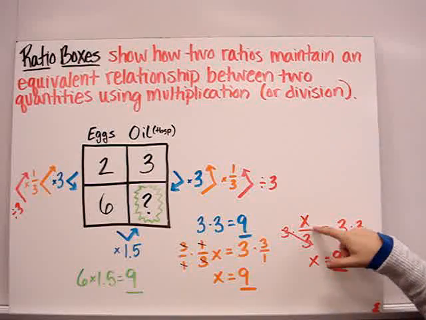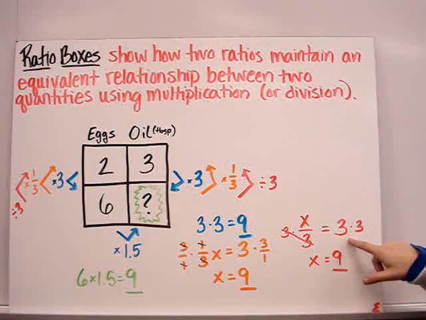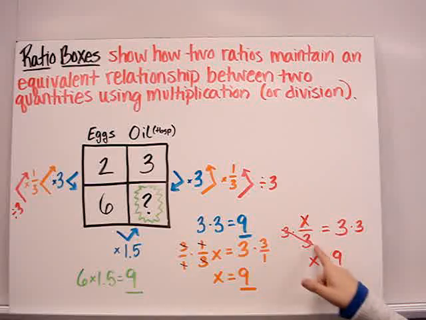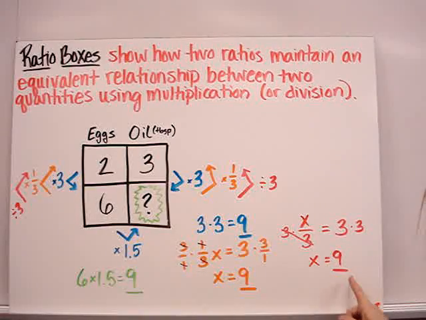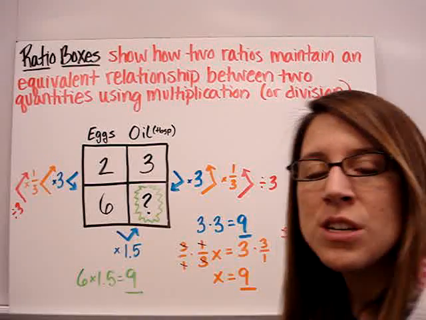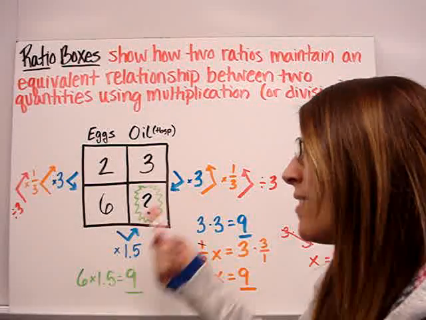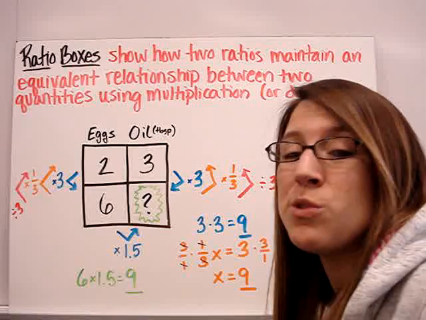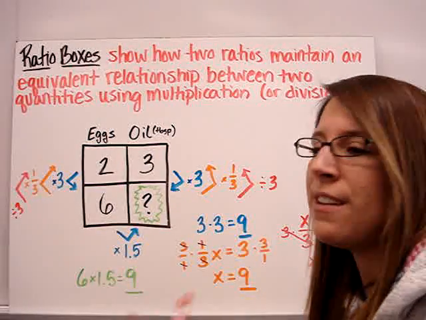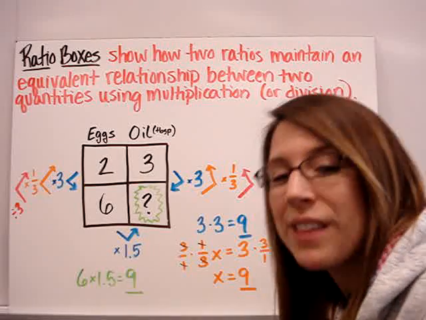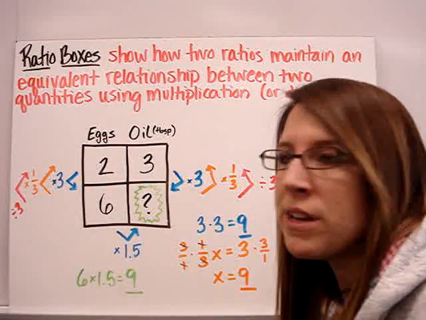Well, I have undone division and I've multiplied on both sides by 3, and that gives me that x equals 9. So far, we have gotten 9 as the correct answer in 3 different ways using multiplication. We've also used division, but again, division and multiplication are so closely related, we call it multiplicative reasoning.